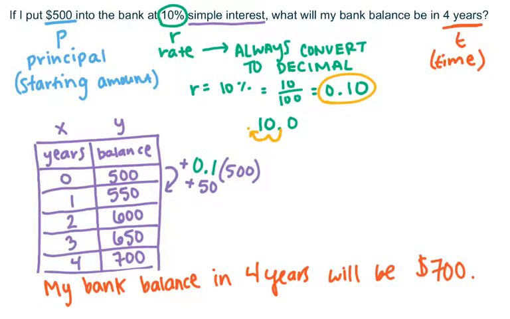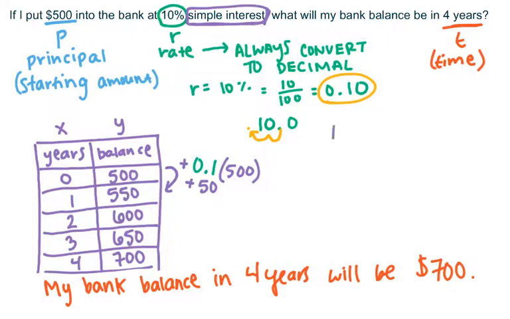Okay. Now, if you were asked, what's your bank balance in 20 years? You're going to be like, what? I have to make a table that has 20 rows in it? No, you don't. There is a formula for you to calculate the simple interest.